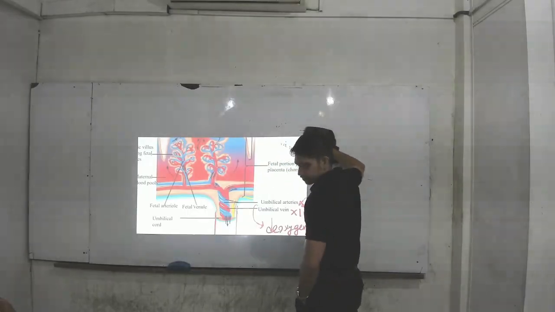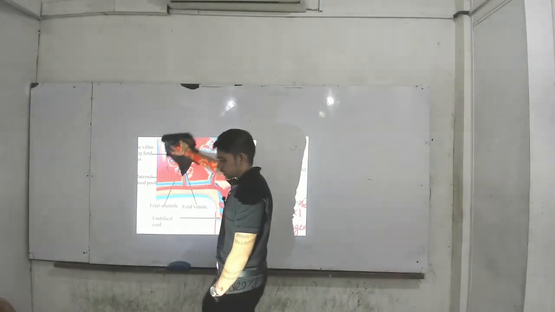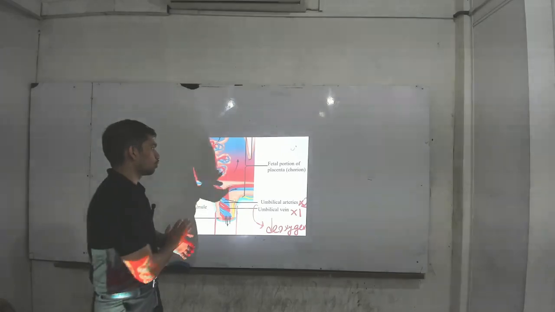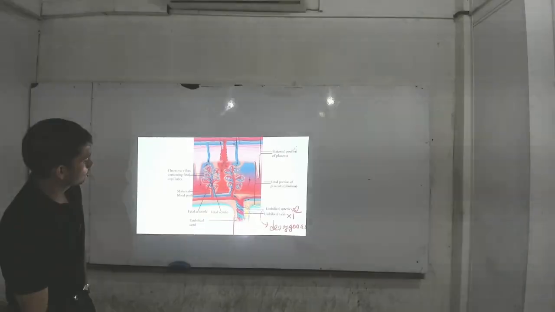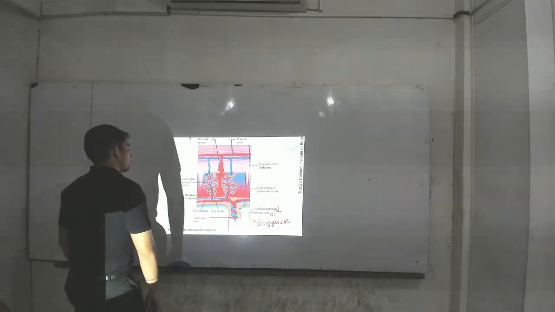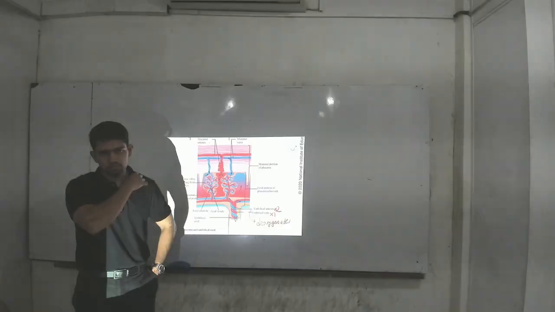An artery always takes blood away from the heart. An artery always takes blood away from the heart. A vein always brings blood towards the heart.